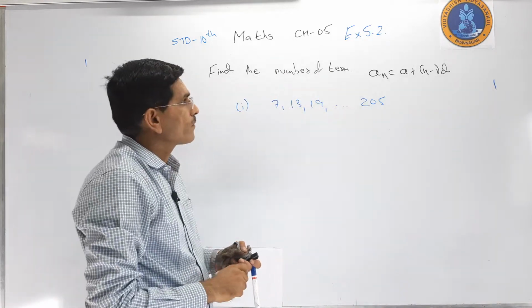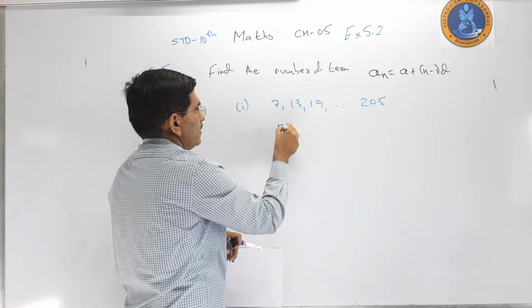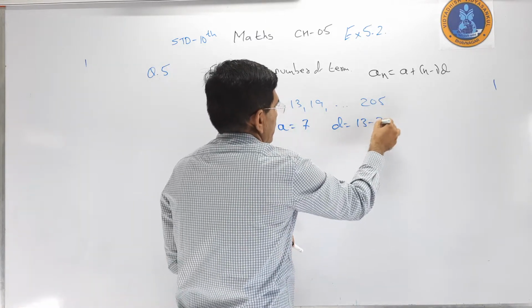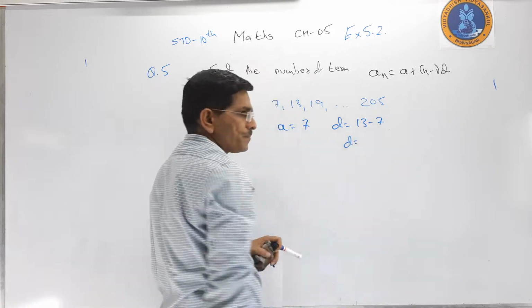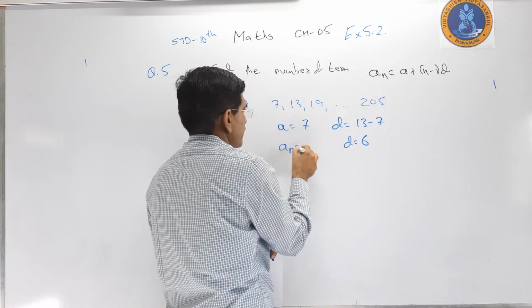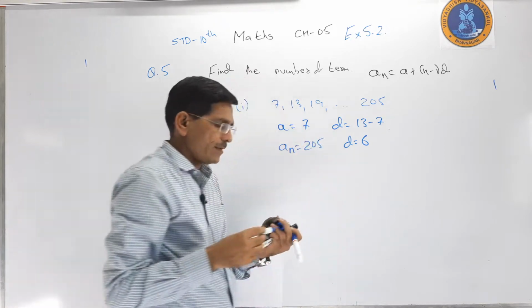Now what is a? That is 7. What is d? That is 13 minus 7, that is 6, and an is 205.